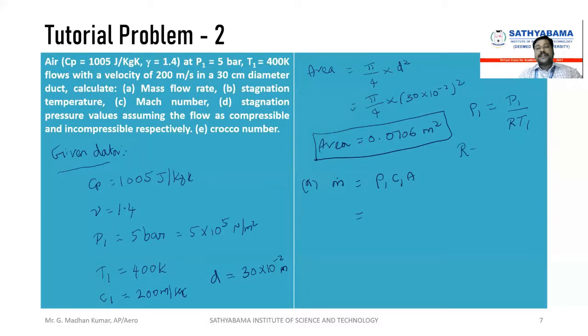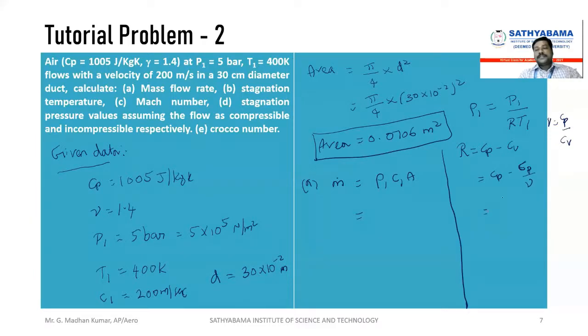For evaluating R, we have Cp. So R is nothing but Cp minus Cv, right? Everybody knows it. And from this, Cv is nothing but Cp by gamma, because gamma is equal to Cp by Cv. So Cv is equal to Cp by gamma, correct?